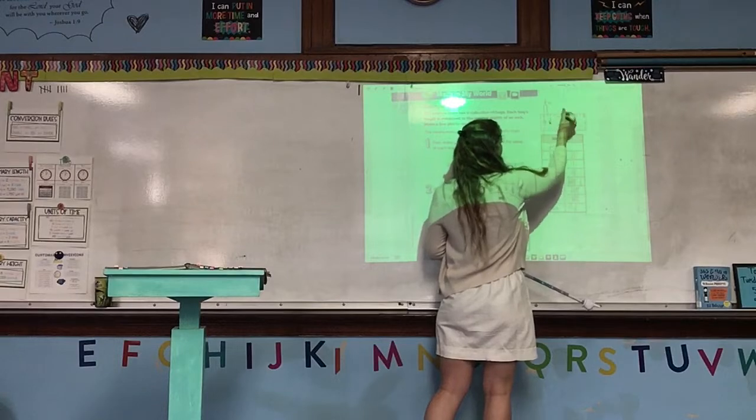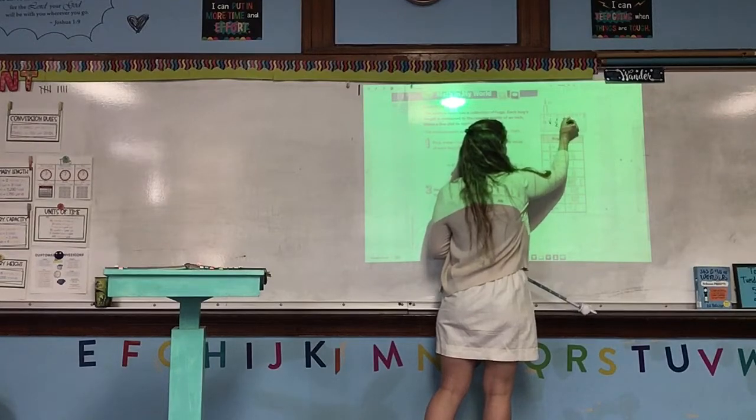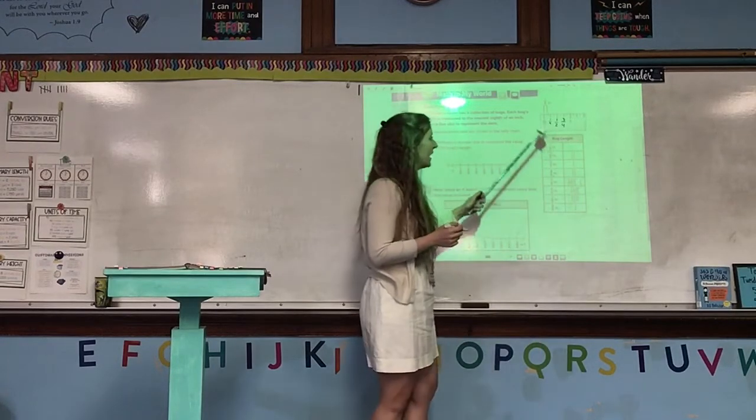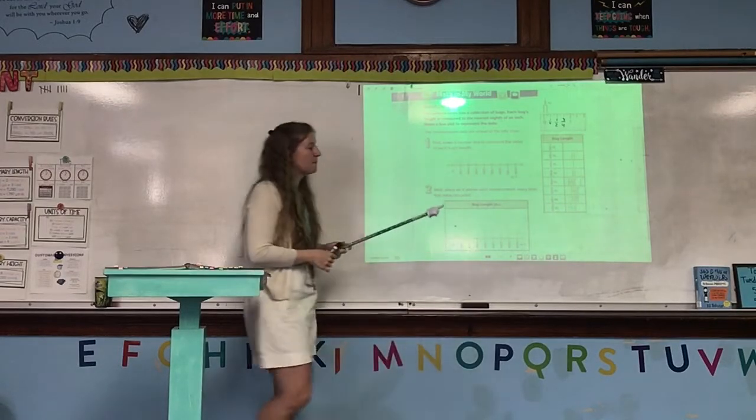From 0 to this second long tick mark is 1/2. And from 0 to this third tick mark is 3/4. So that means in between each of these 1/4 pieces is an 1/8.